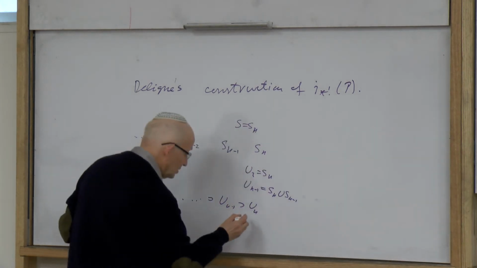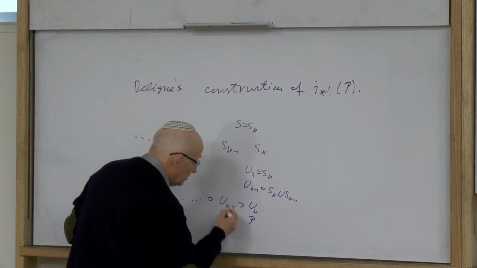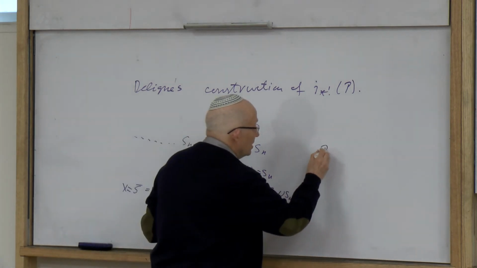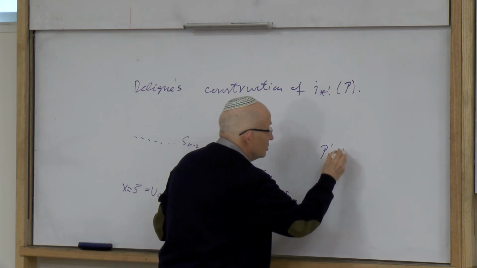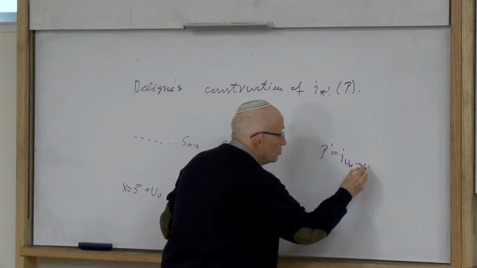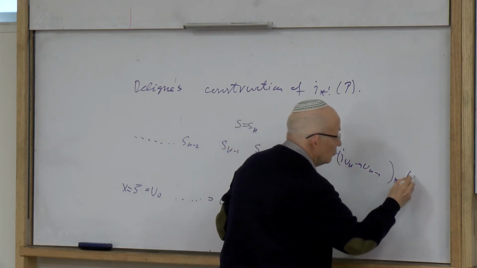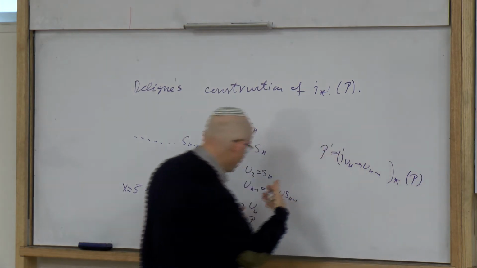So consider P. Now let's say P prime is equal to j_* from U_n to U_{n-1} of P. So extend it once.